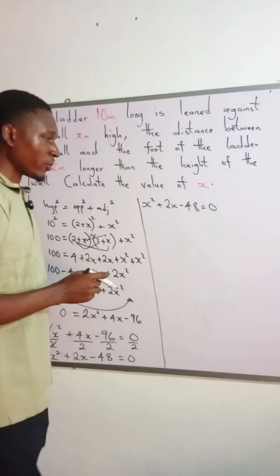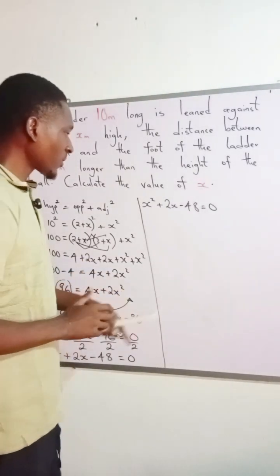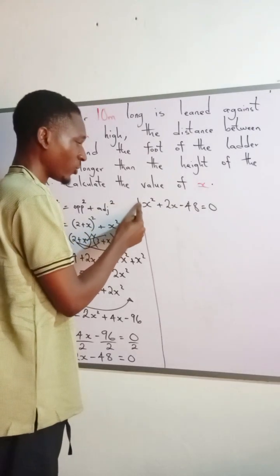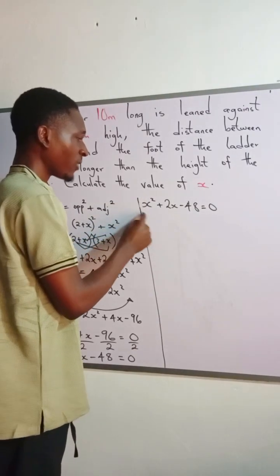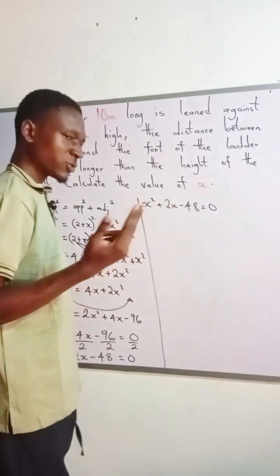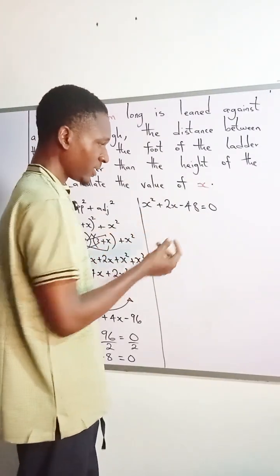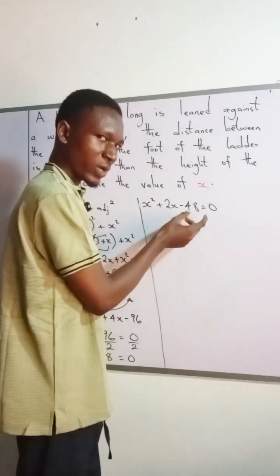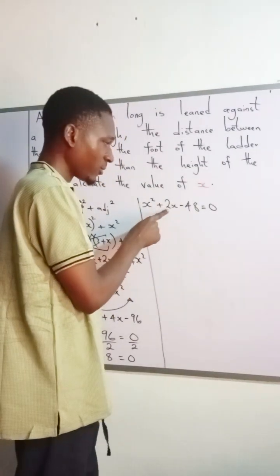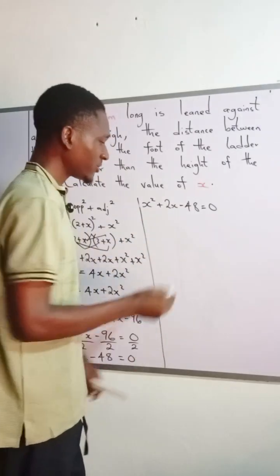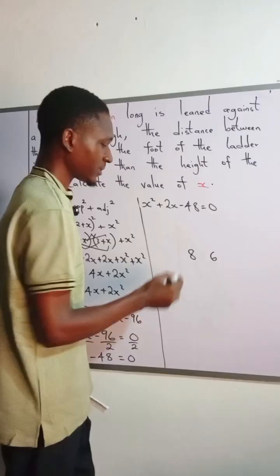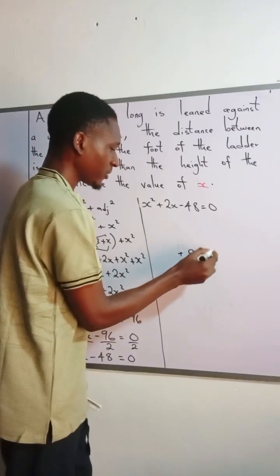Now when factorizing, assuming the coefficient of x squared is more than 1, we'll have to multiply before we look for factors. But for now, we are going to check what two numbers we can multiply to get 48, and when we add them together, we get this coefficient 2 here. What two numbers? You see that these two numbers are plus 8 and minus 6.